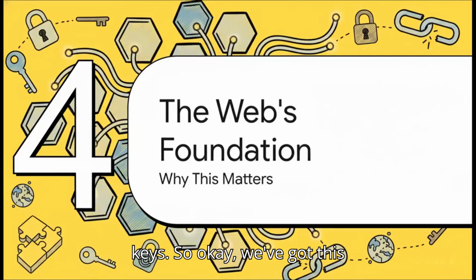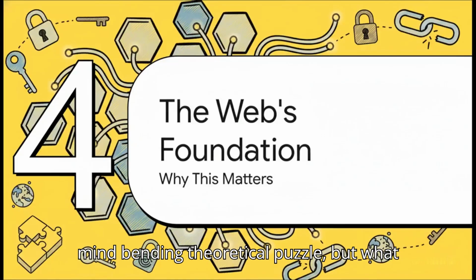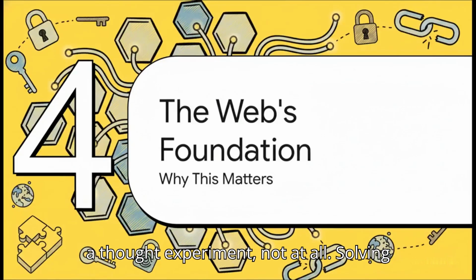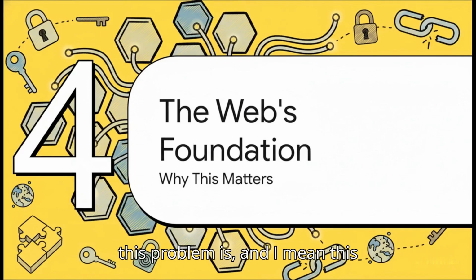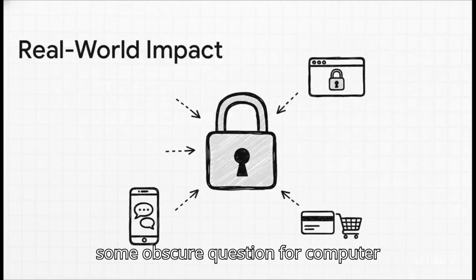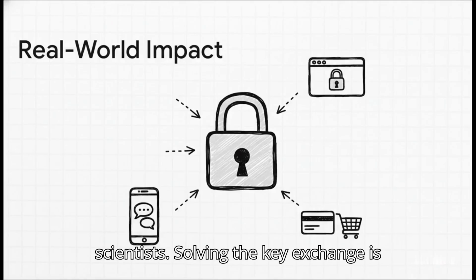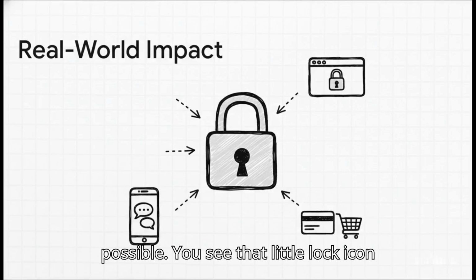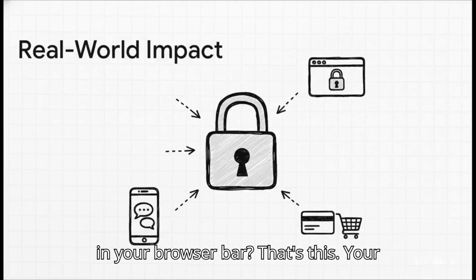So, okay, we've got this mind-bending theoretical puzzle. But what's so important is that this is not just a thought experiment. Not at all. Solving this problem is, and I mean this literally, the bedrock of the entire modern internet. This is not some obscure question for computer scientists. Solving the key exchange is what makes your everyday life online possible. You see that little lock icon in your browser bar? That's this.